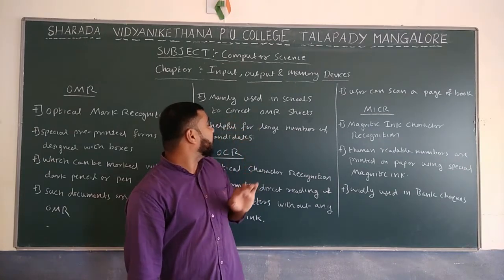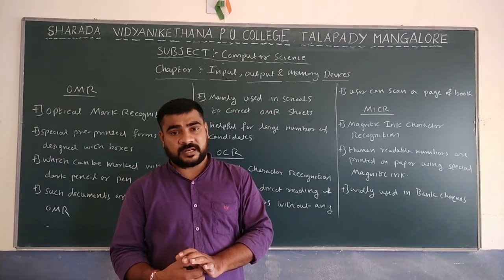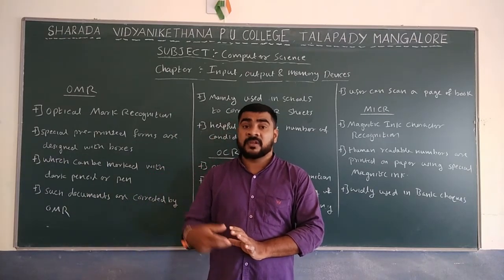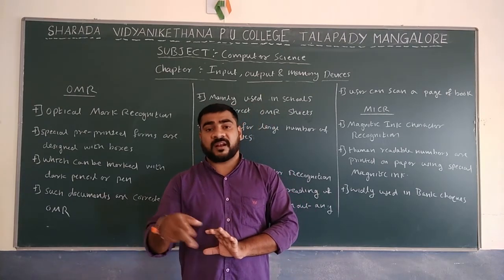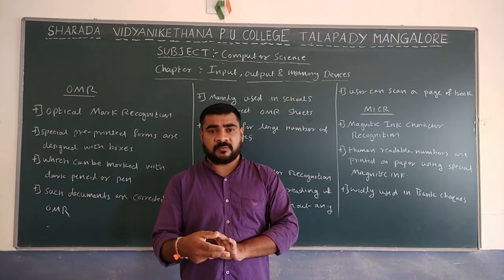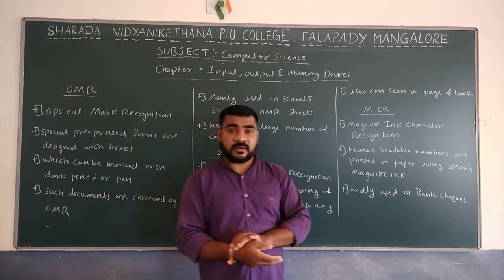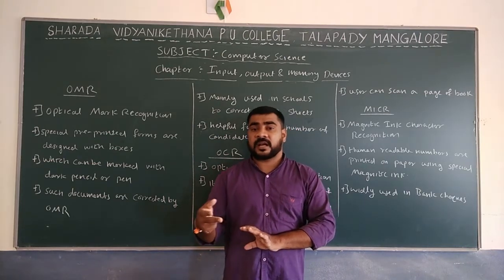OMR is very helpful for a large number of students. Whenever a large number of candidates are present in an exam, OMR will be helpful. For example, for the NEET exam, more than 10 lakh students write the exam in a year. So 10 lakh papers should be corrected. How can you correct 10 lakh papers?